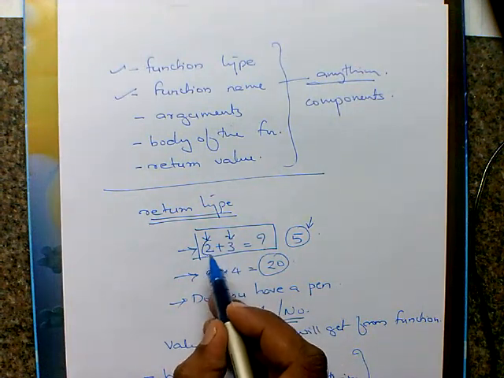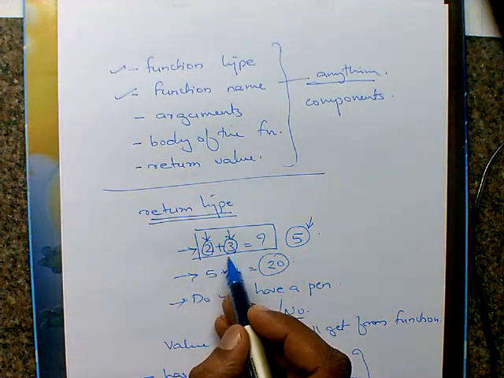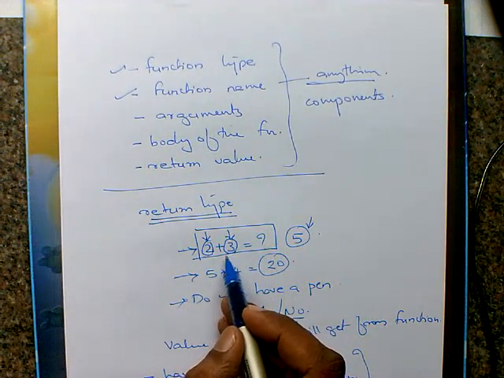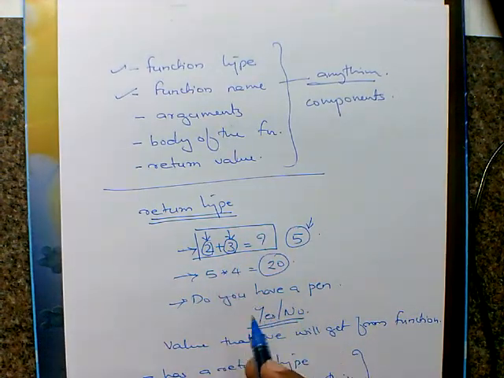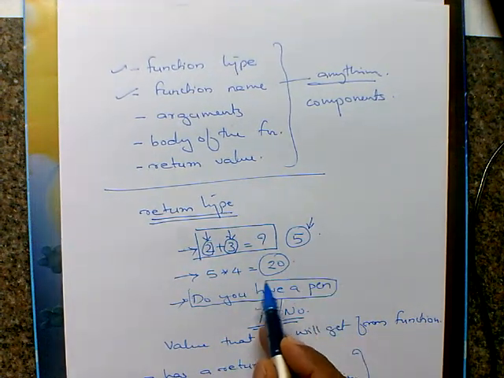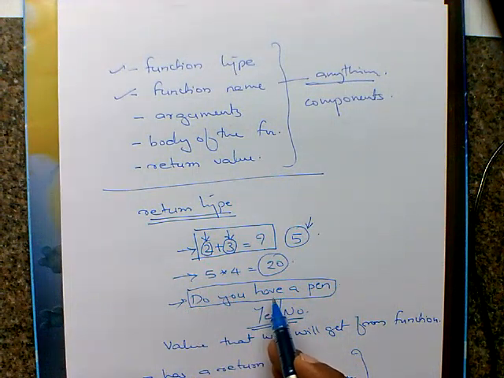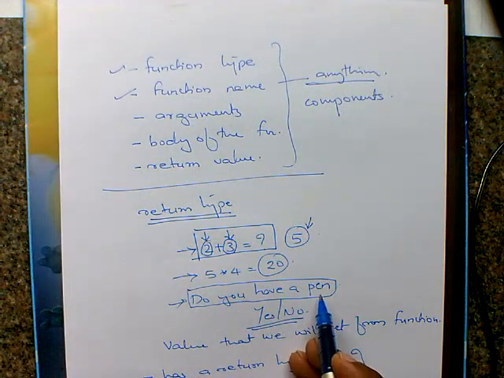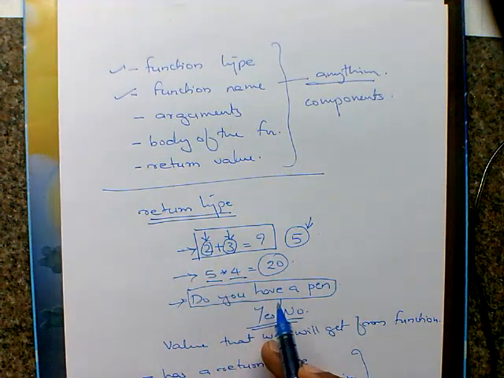In this case 2 and 3 are called arguments. That means these are the two values that we want to process. Similarly, in this case, the question is: do you have a pen? That can act as an argument. Similarly, in the second case, 5 and 4 are the arguments.